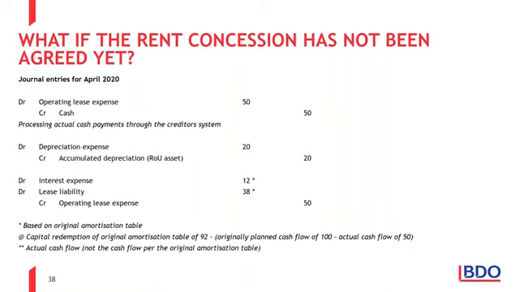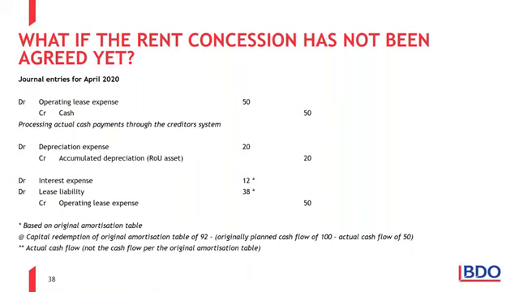And therefore, what I'm proposing here is that we say, listen, the interest expense is the interest expense from our original amortization table. The lease liability is only reduced by 38.